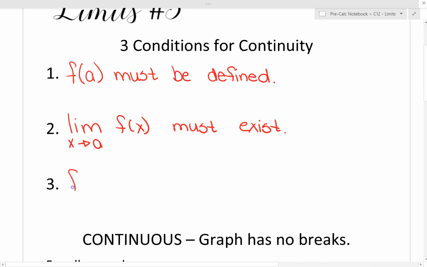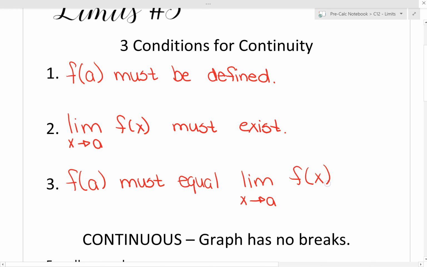And then the last one, f of a must equal the limit as x approaches a of f of x. So basically, you have to check for 1 and 2, and then these must be equal.